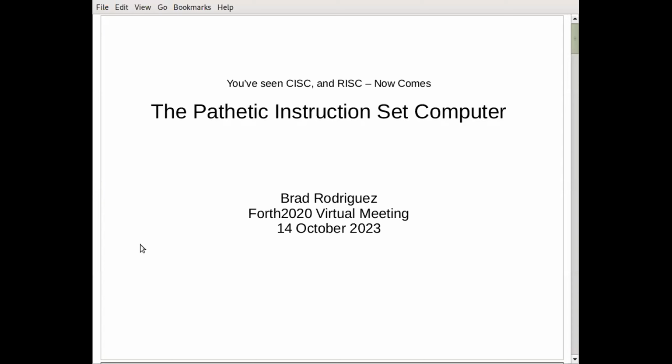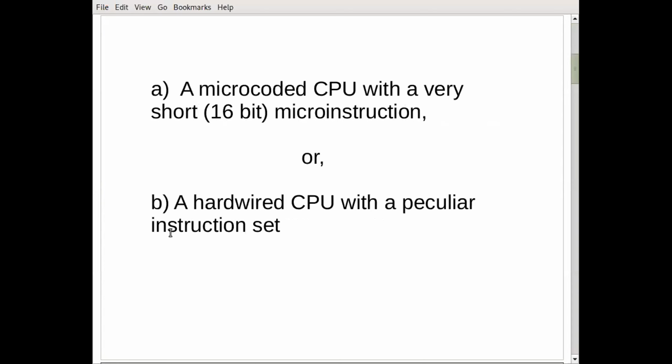So what we have here, the PISC, the pathetic instruction set computer, is either you're looking at it as a microcoded CPU, by which I mean all of the bits in the instruction are controlling hardware signals. They're not packed into some efficient utilization of the memory. Each bit is a hardware line.